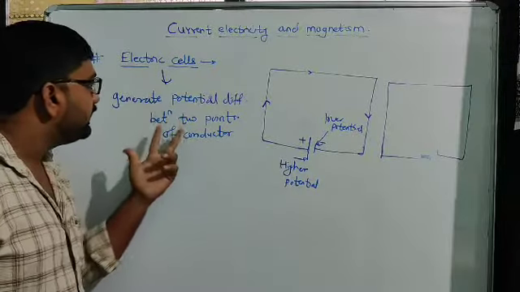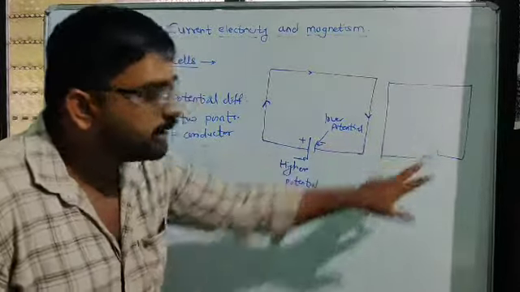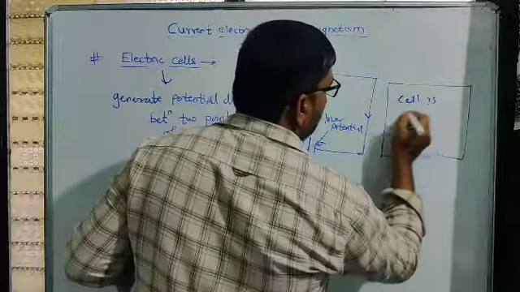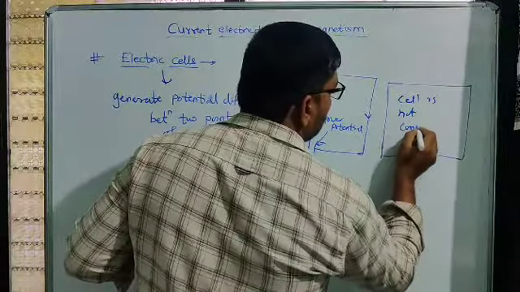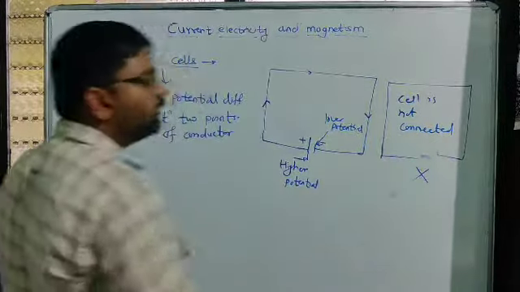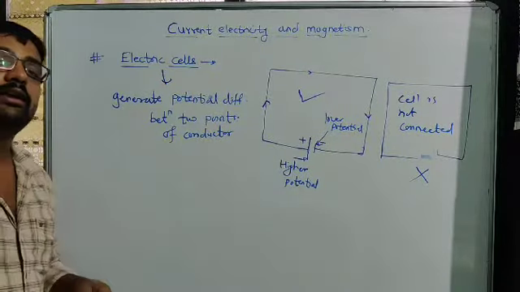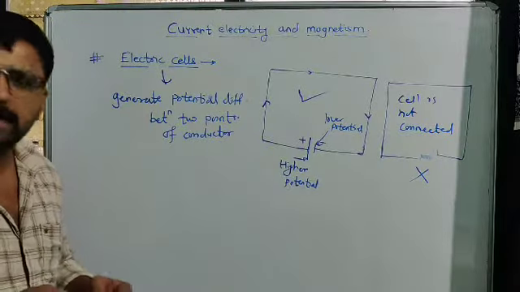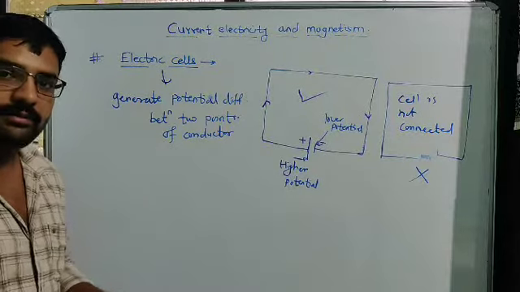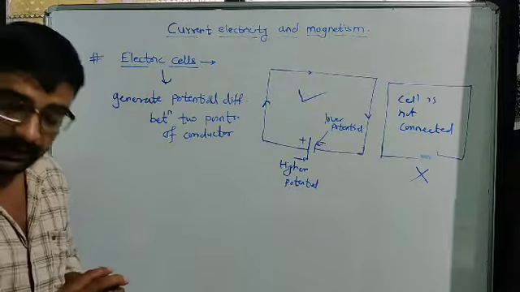It generates electric potential difference between these 2 points of the conductor. If the cell is not connected, electricity does not flow; if the cell is connected, electricity flows. Look, if you remove one cell of a remote, we cannot change the channel of the TV, because electricity does not flow inside that remote.